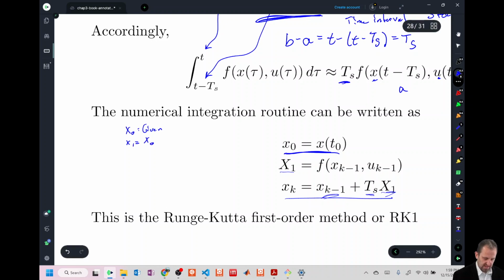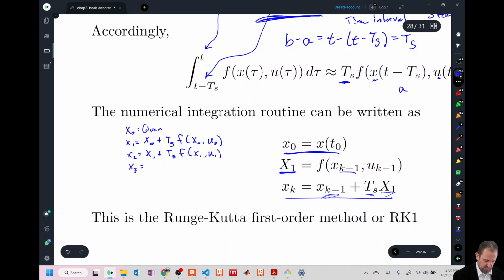So we have x naught plus ts times f of x naught, u naught. x2 then is equal to x1 plus ts f of x1, u1. And we just keep going.